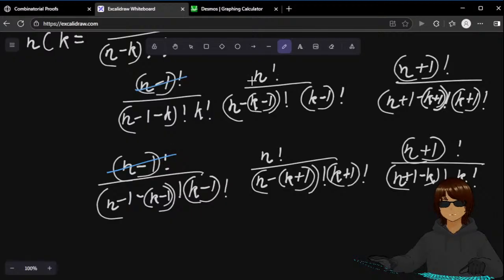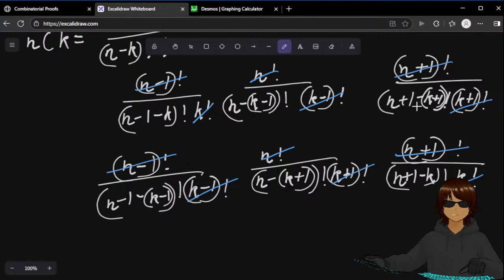I want to see if each term exists in both of these. k minus 1 factorial exists in the denominator. Just k factorial does exist. k plus 1 factorial. n plus 1 minus k plus 1. That's just n minus k, right?